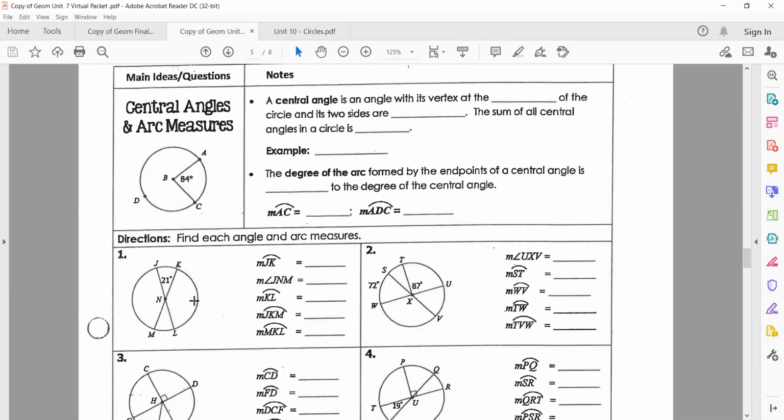So what's 318 divided by 2? 159 degrees. So J and M, 159. JKM is going to be 159 plus 21 plus 21. KL, that's 159 because it's the same as the central angle.